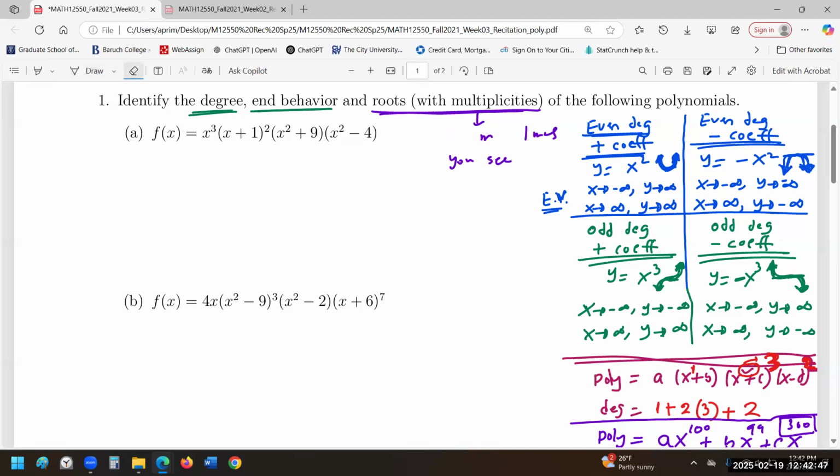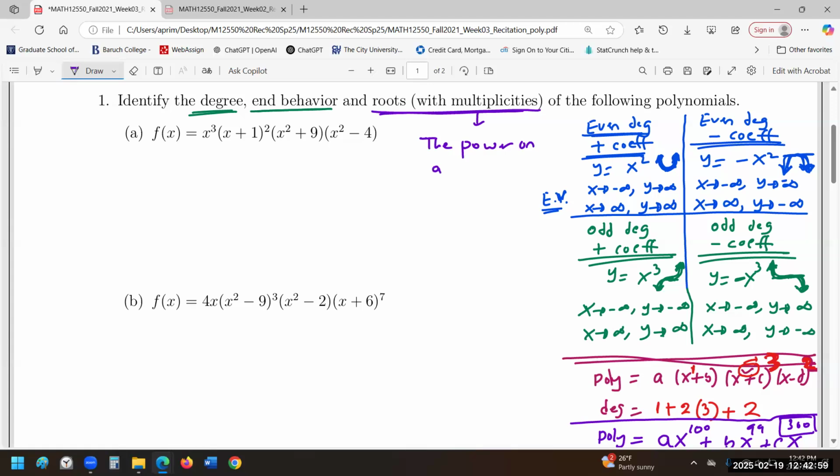Or, what's the power of the factor? Yeah, that is more understandable. Multiplicity is the power on a factor. Factor, okay? Not on x, on a factor.